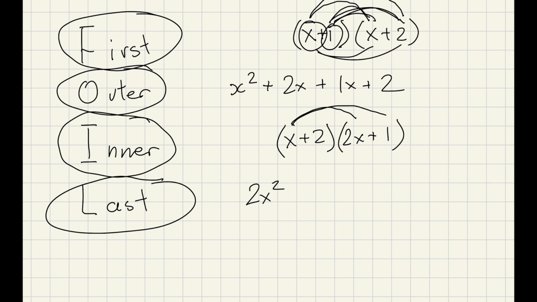So that gives us plus 1x. Then we're going to take the inner and multiply it by the first term of the second bracket. So now we get 4x. And then we're going to take the last term and multiply them together. Plus 2. So then our final answer is just 2x squared plus 5x plus 2.